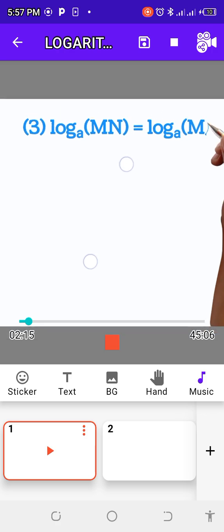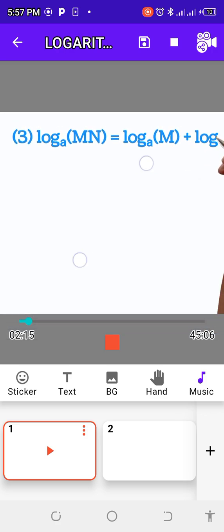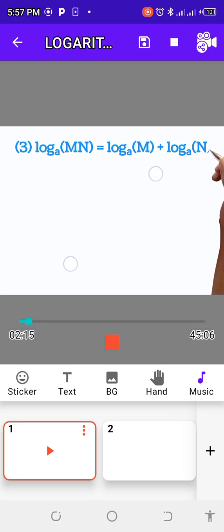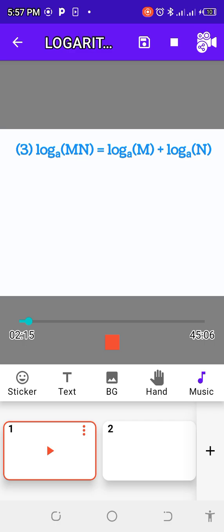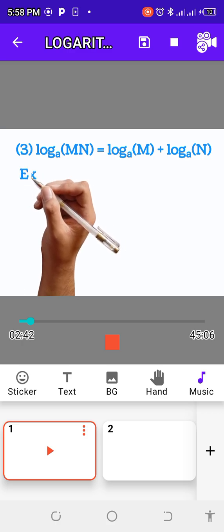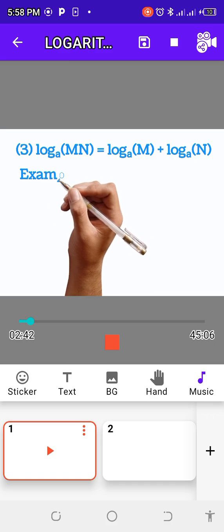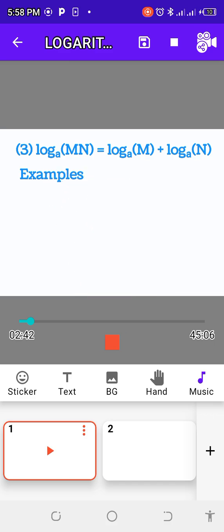And to sum two logs of the same base, take their product. That is what this law is saying. It guides us on how to multiply logarithms of the same base and how to add logarithms of the same base. Now take down examples on this law.